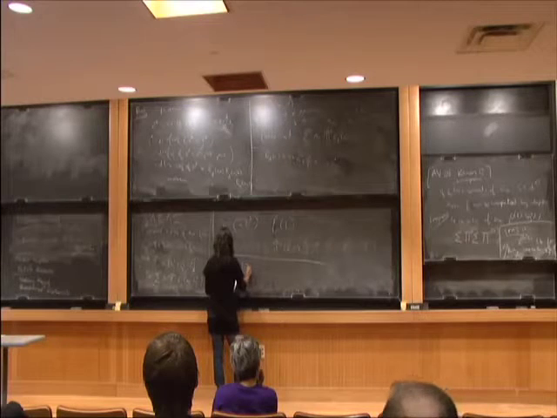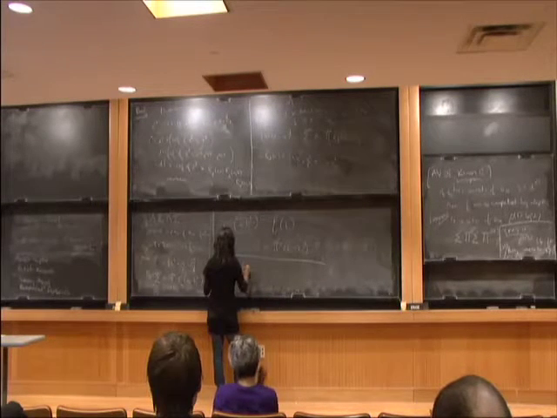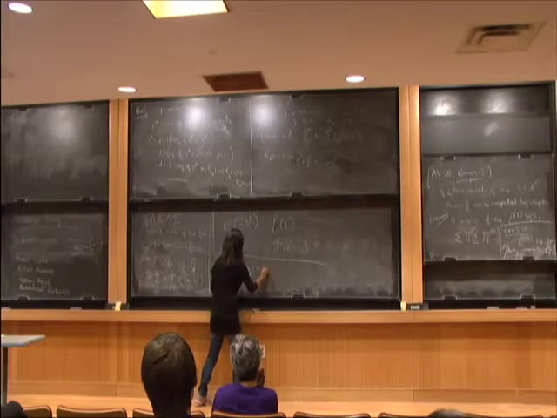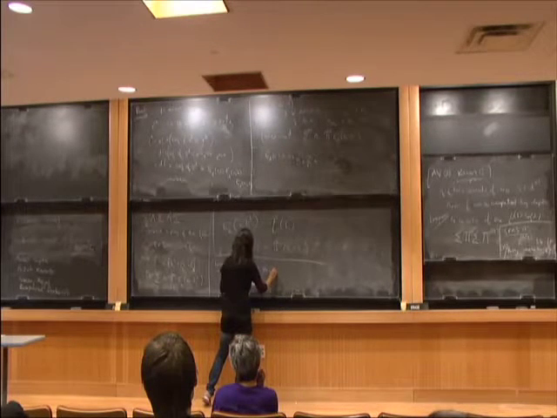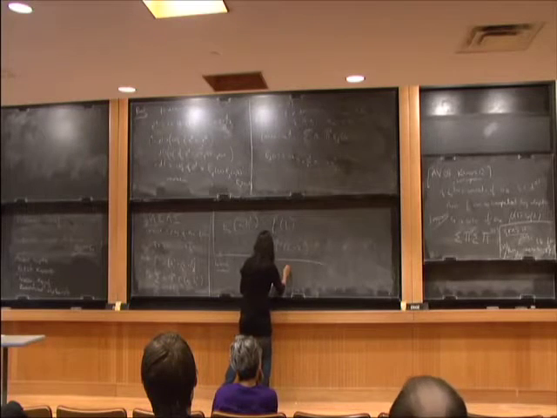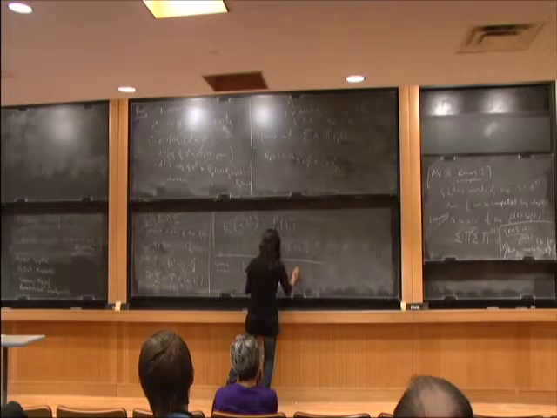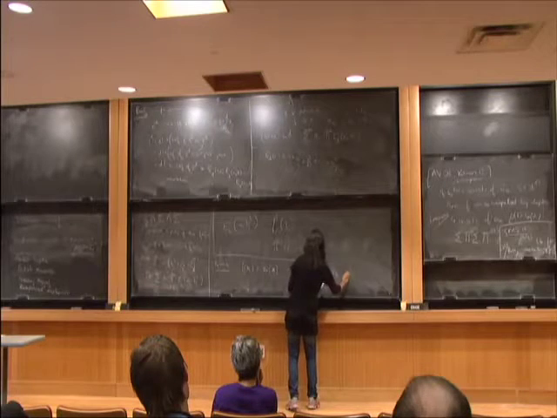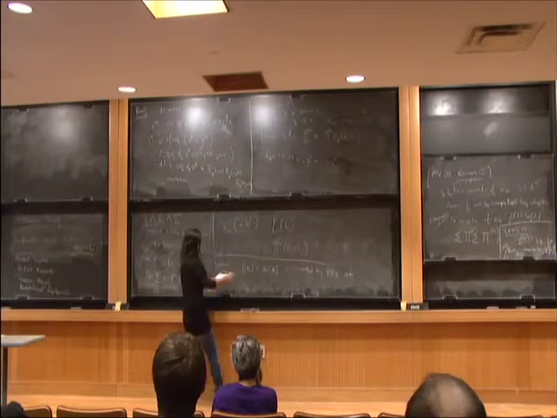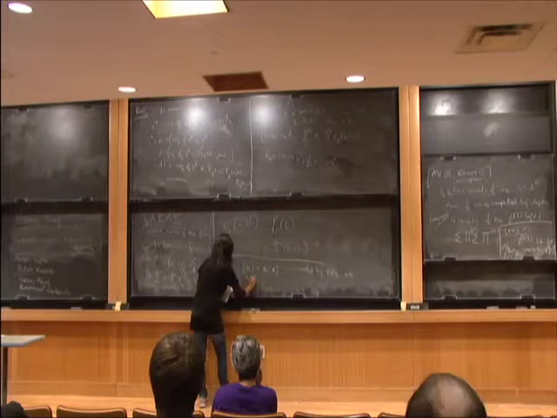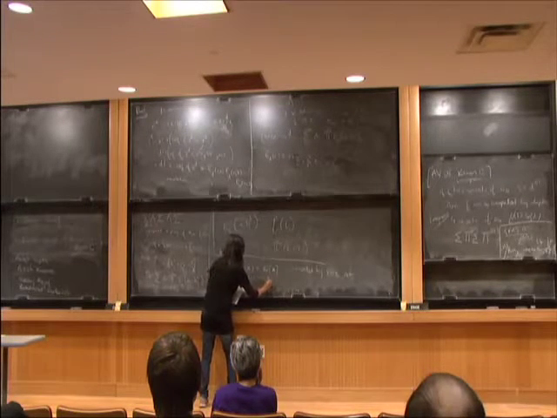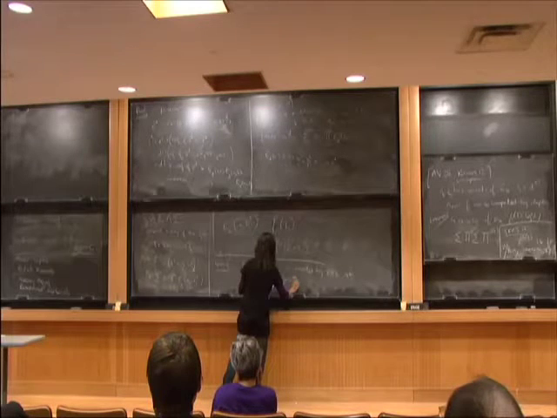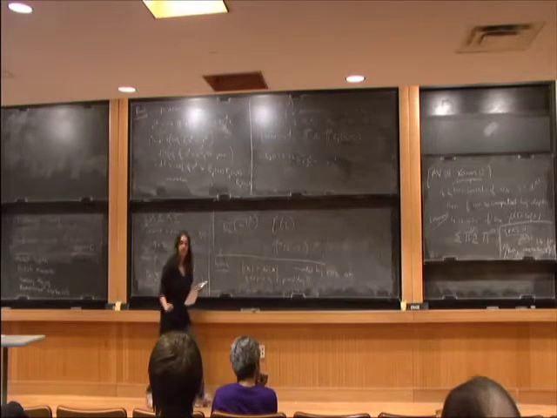Suppose you have a polynomial f in capital X, an n-tuple of variables, and suppose it is computed by some product sum circuit of top fan-in s, and the formal degree is d.